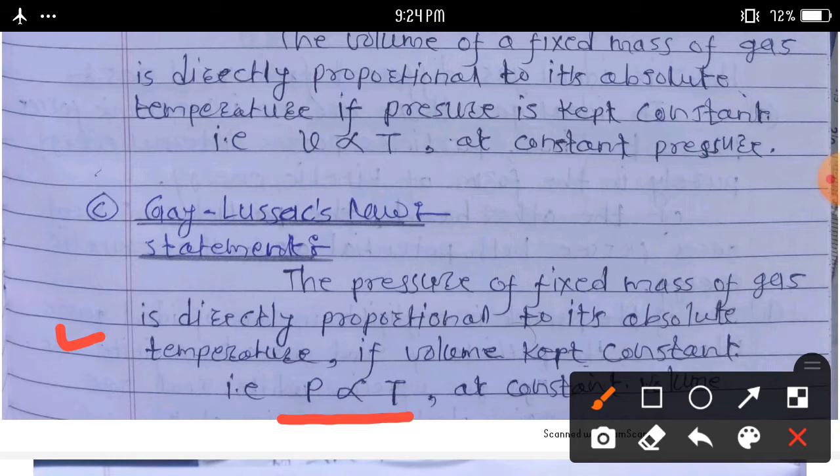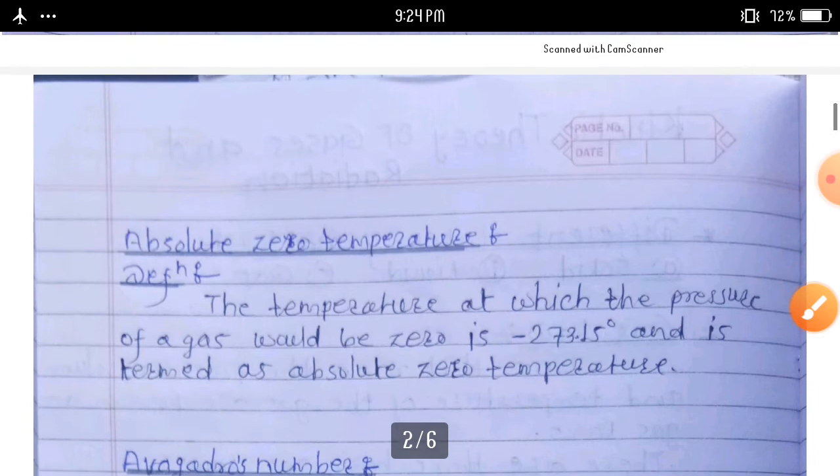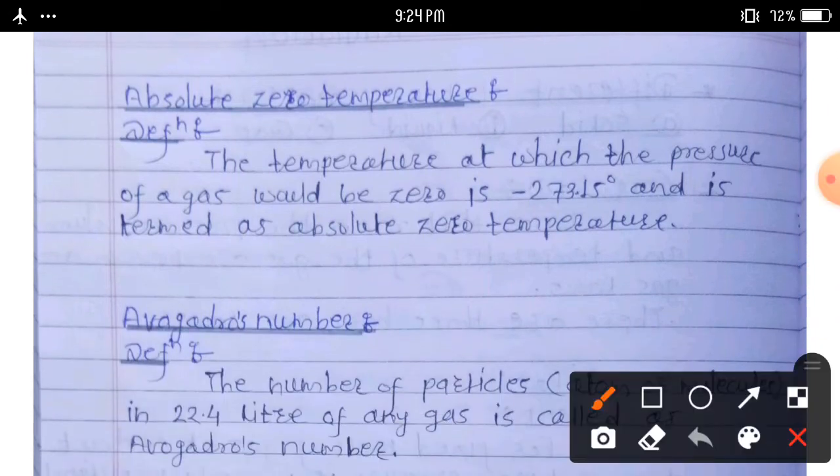Next point we can discuss here, absolute zero temperature. What do I mean by absolute zero temperature?